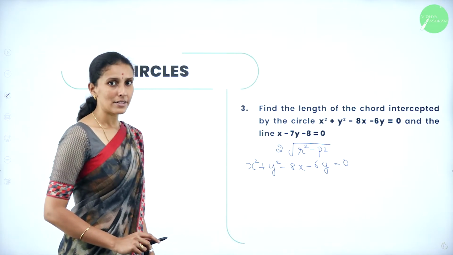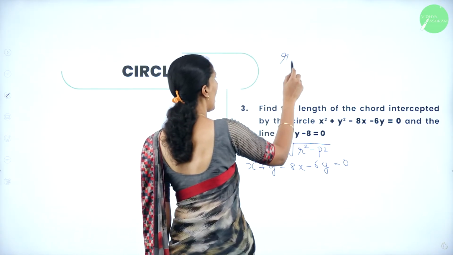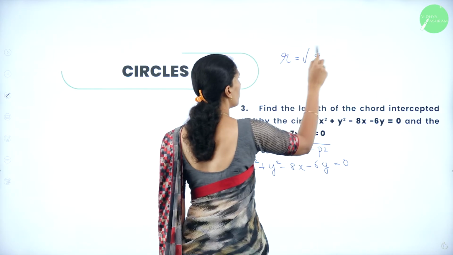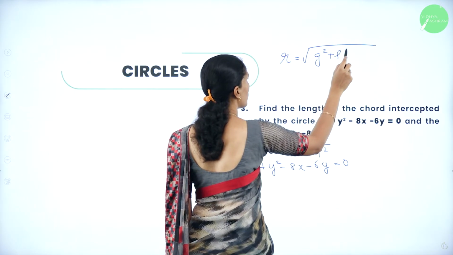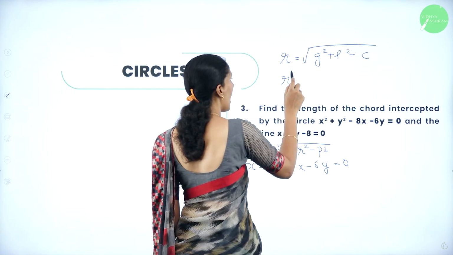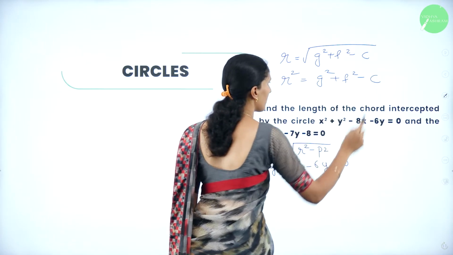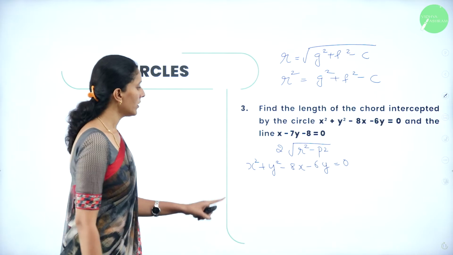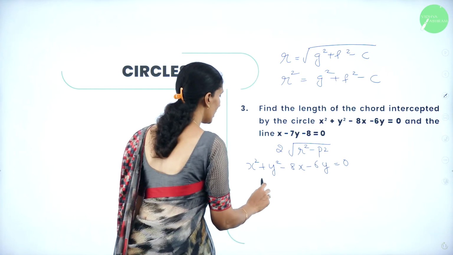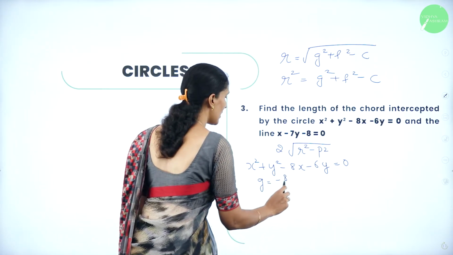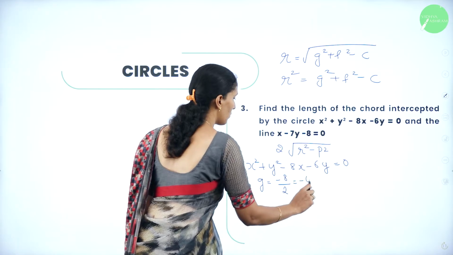Now I need r square. We know the formula, that is r is equal to square root of g square plus f square minus c. If we need r square, then it is g square plus f square minus c. Now, according to the equation given, here g is equal to minus 8 by 2, which is minus 4.